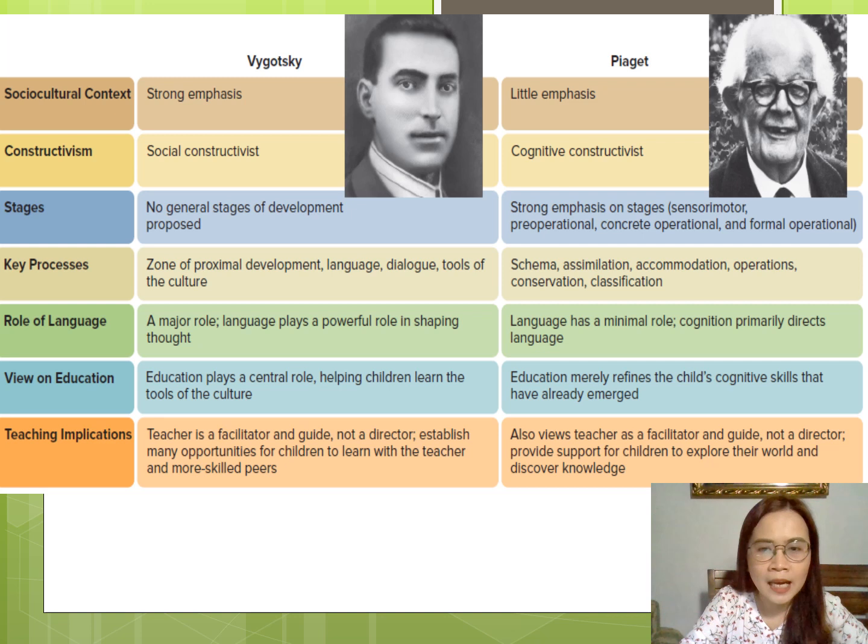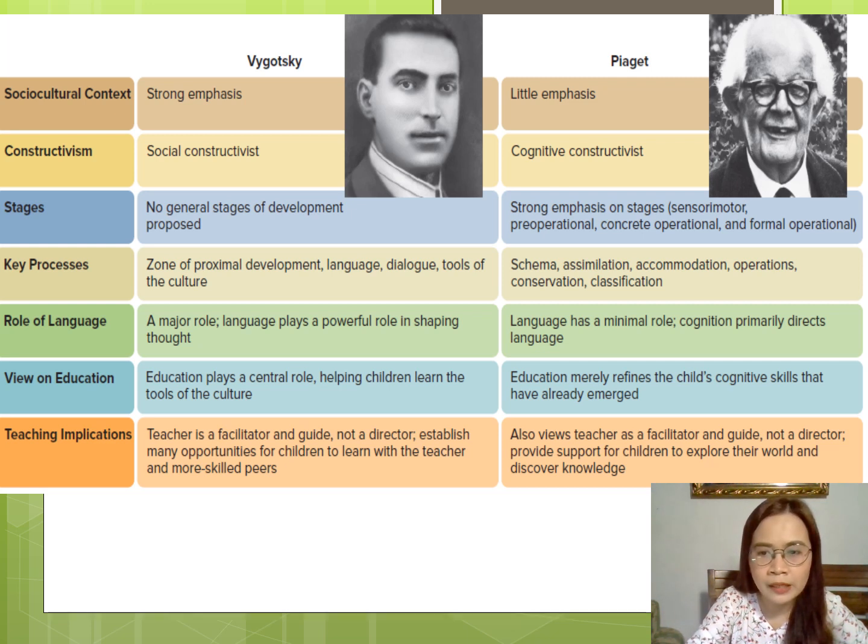Ayan. So, dito sa slide na to, makikita natin yung comparison ng dalawang theory or approach sa cognitive development ng mga bata. So, itong sa left side, we have Lev Vygotsky, and on the right side, we have John Piaget. So, again, yung kay John Piaget ay cognitive constructivist, no?